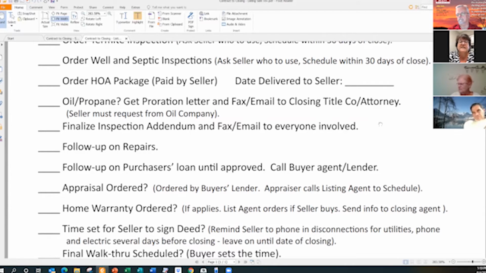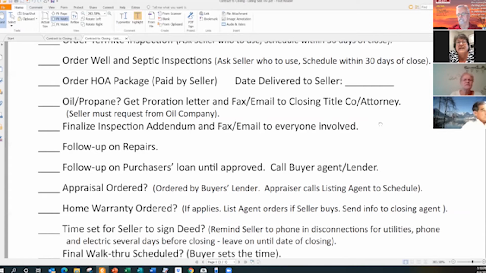So definitely stay on top of those timelines. Make notes of when you receive the inspection addendum. Keep track of making sure you respond in time and all of that. Assuming some repairs are agreed to, you've got to follow up on those. Normally, your seller has folks that they want to use, or sometimes you have to recommend a contractor.